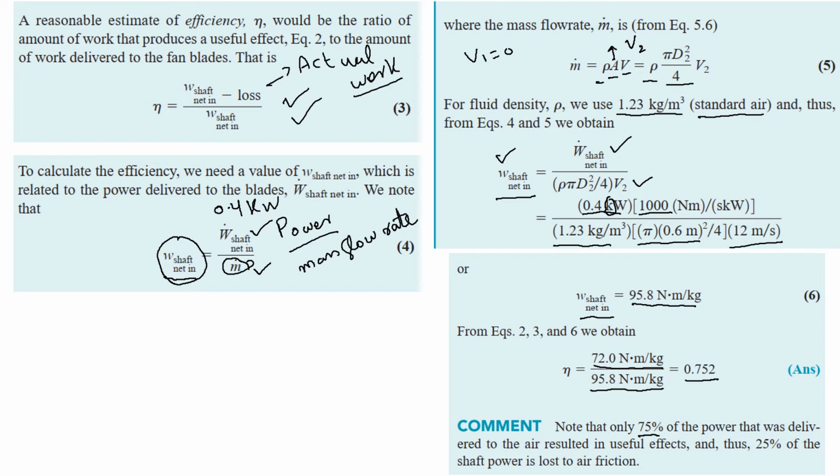In the comments they had made, they say to note that only 75% of the power that was delivered to the air resulted in useful effects, and thus 25% of the shaft power is lost to air friction, because we only considered the losses due to fluid friction. So this 25% loss is the result of air friction. So this is what our efficiency in this case will be. Hope this was clear.